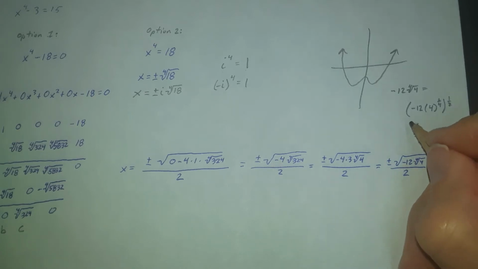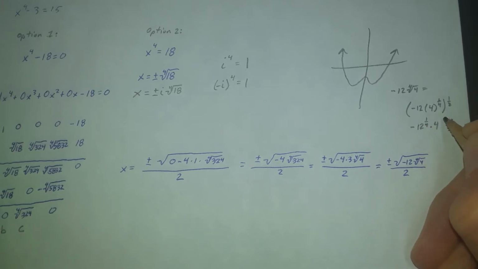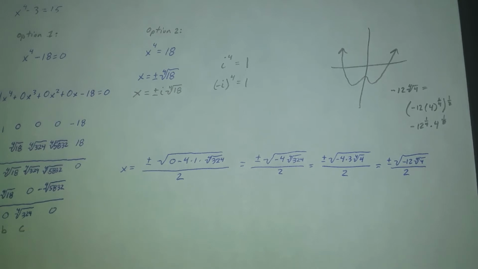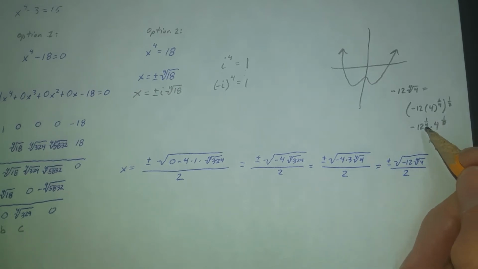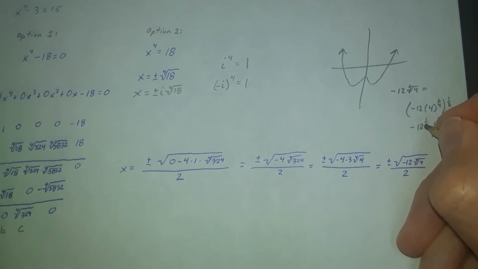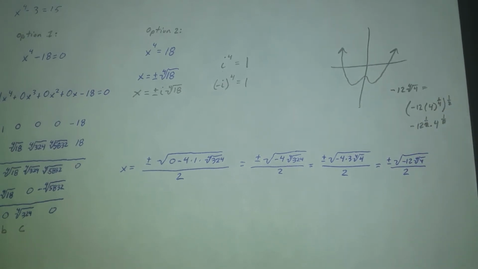And so this is going to be negative 12 to the half times 4 to the 1/8. Oh no, this is a 2 here, the half.